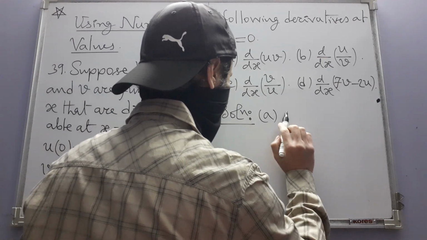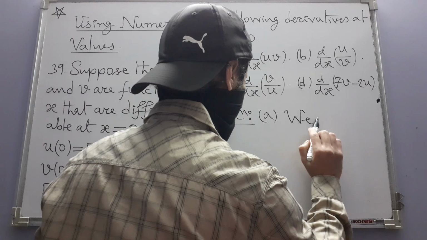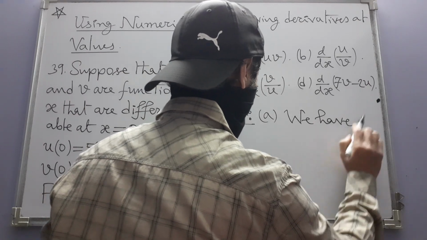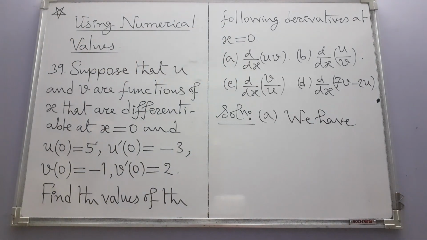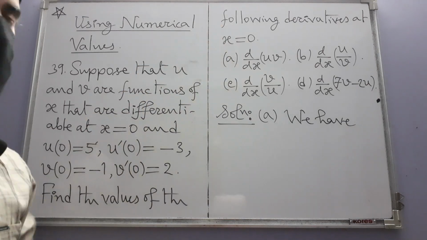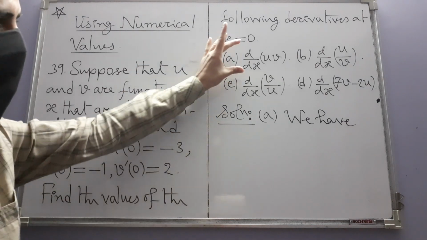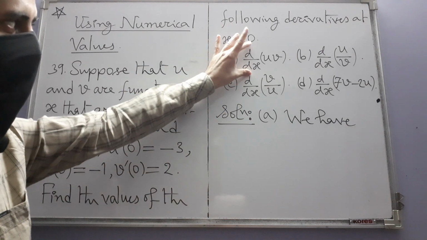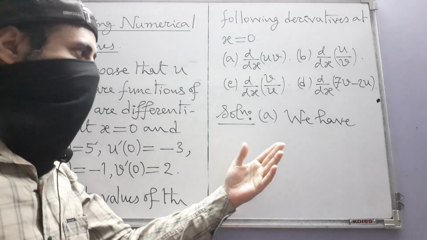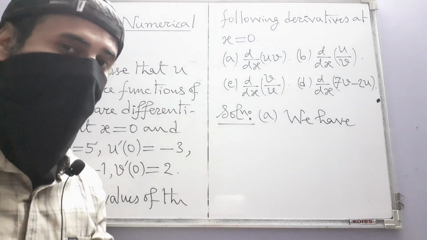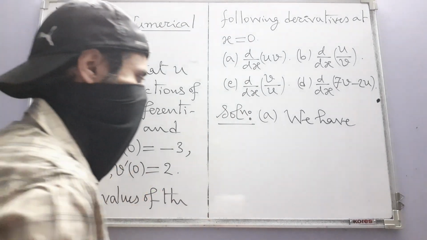A. We have, and keep in mind that we have to find the derivative at x equal to 0. If you are using this notation to denote that you are writing the derivative at x equal to 0, you write like this.